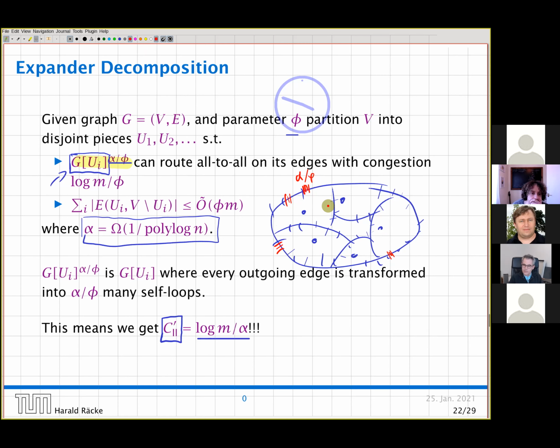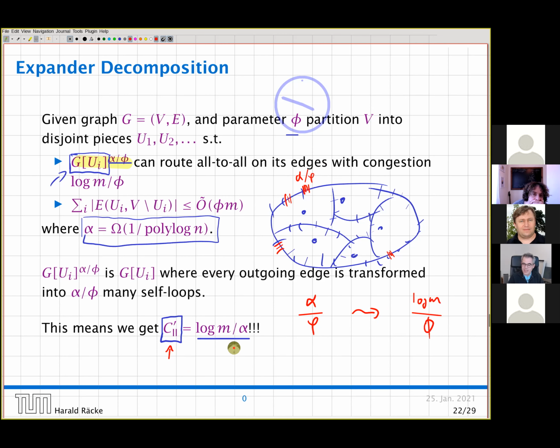But now this C2 prime, this just asks for the congestion of the flow problem if I route all to all and every boundary edge injects 1 unit. So here if every boundary edge counts alpha divided by phi, then I have a congestion of log m divided by phi.